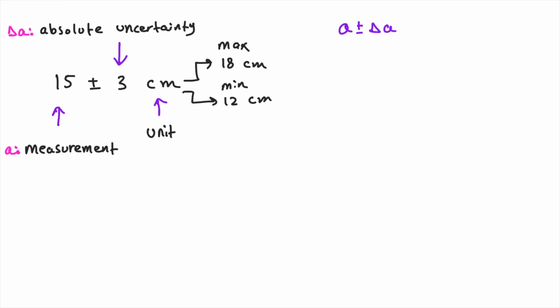Uncertainty can also be expressed in forms of a fraction or a percentage. To find the fractional uncertainty, we divide the absolute uncertainty by the measured value. In this case, it would be 3 divided by 15, which could be expressed as 1 over 5 or 0.2.